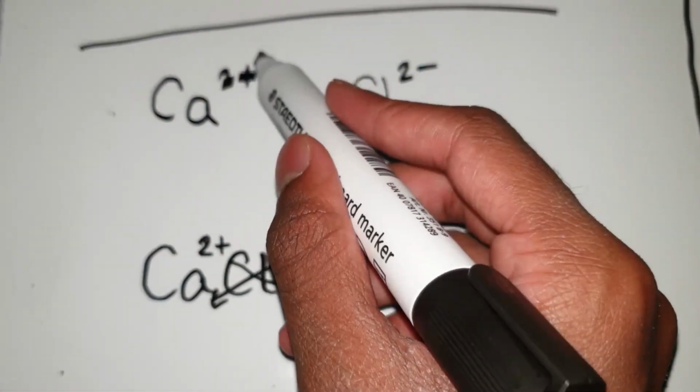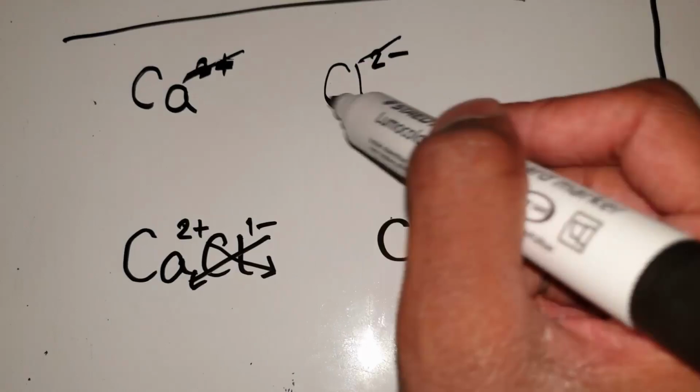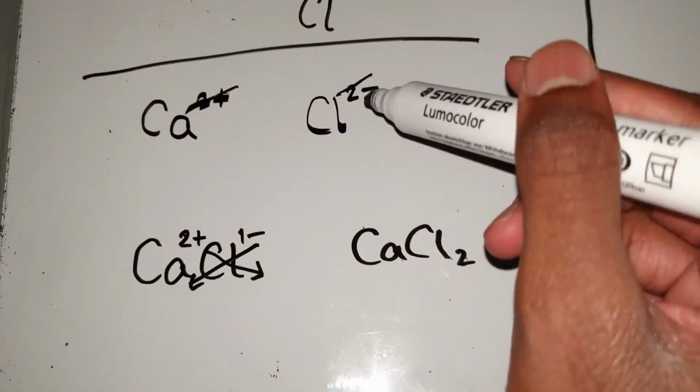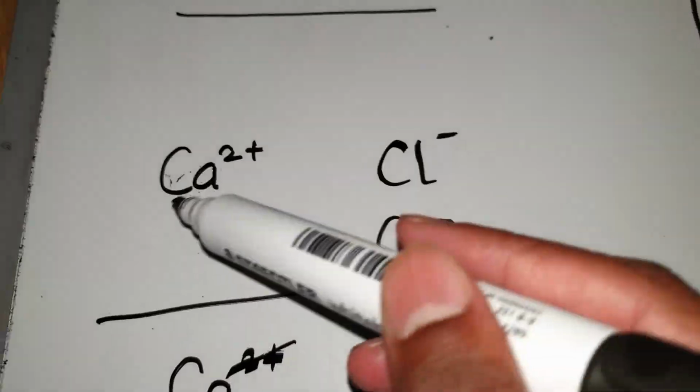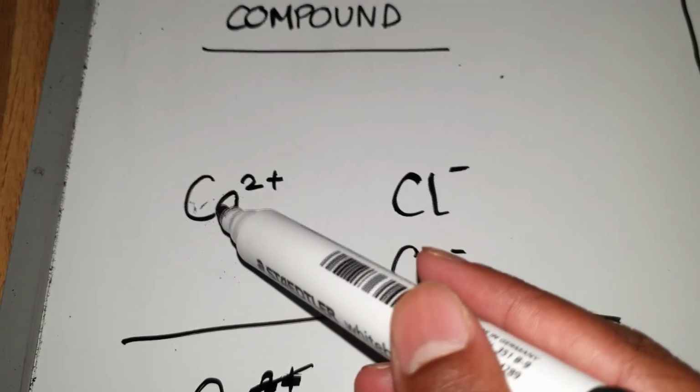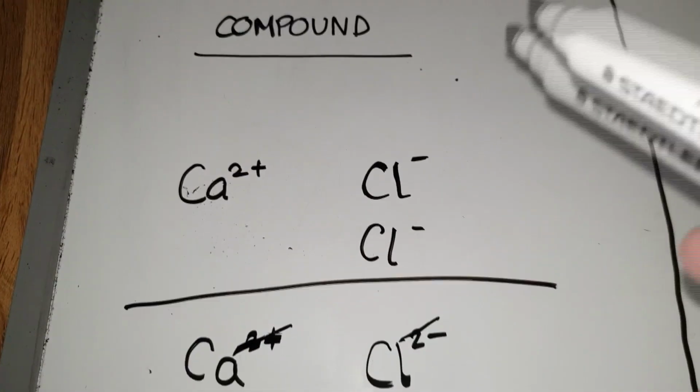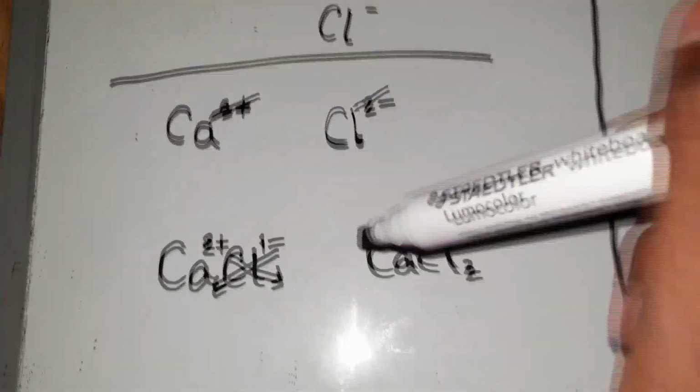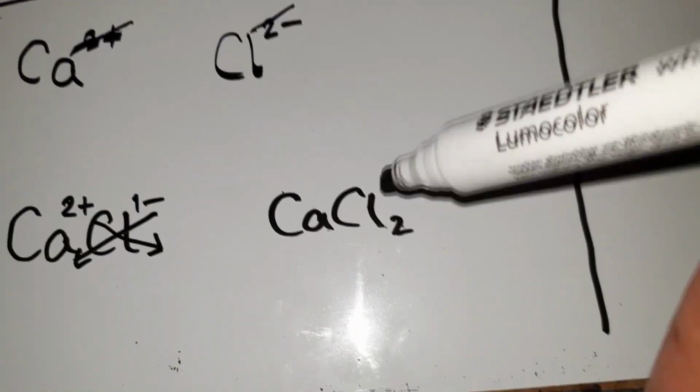So we can now cancel out these two charges to make this compound neutral. And therefore we can once again see that we have one calcium ion and two chlorine ions. Therefore the formula CaCl2.